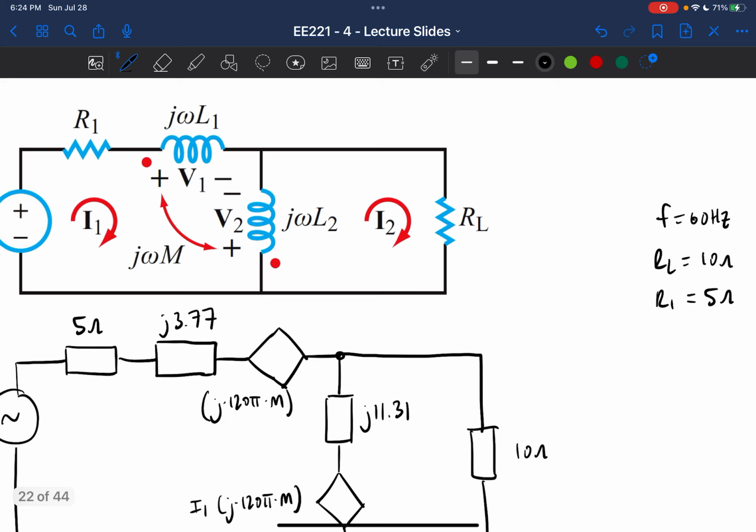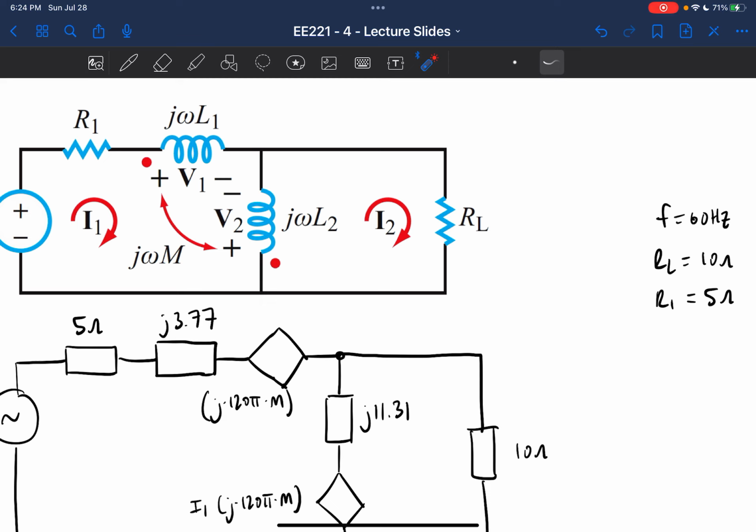But what about the current that induces this other voltage source? That's the current flowing through the second coil. What current is that? It's I1 minus I2, right? There are two currents flowing here: I1 flowing in this way, and I2 flowing in this way.